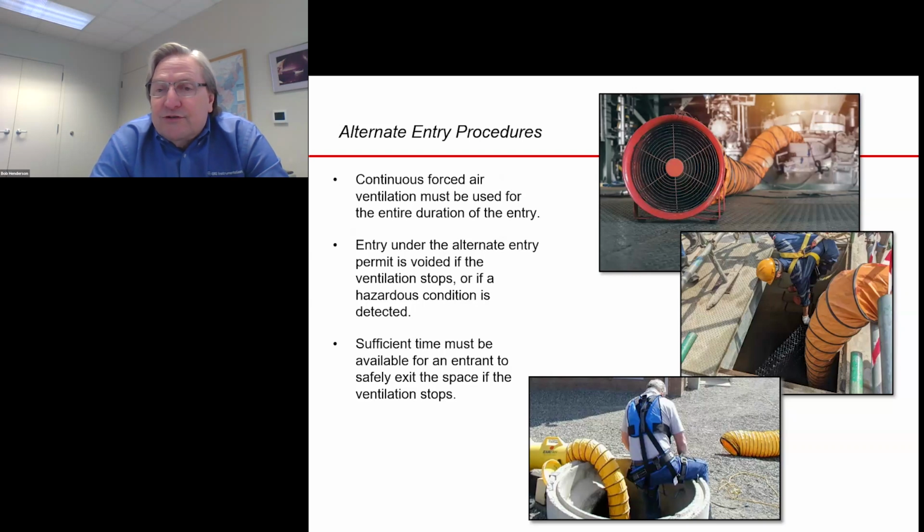Alternate entry procedures. The continuous forced air ventilation must be used for the entire duration of the entry. And if the ventilation stops, you've got to immediately leave the confined space. The permit is voided until the ventilation is back in place.